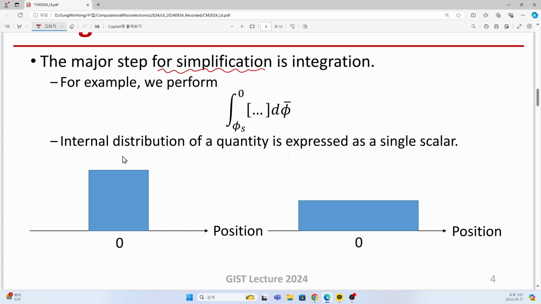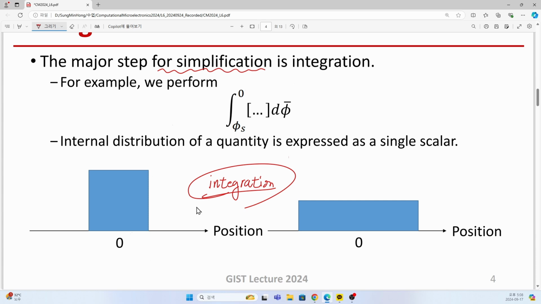So they can be different. And of course, by performing this integration, we are doing certain simplification and certain information is lost, and in this case the distance information is lost by performing this integration. Okay, so although integration is really a powerful tool for simplification, it does not keep all the information.